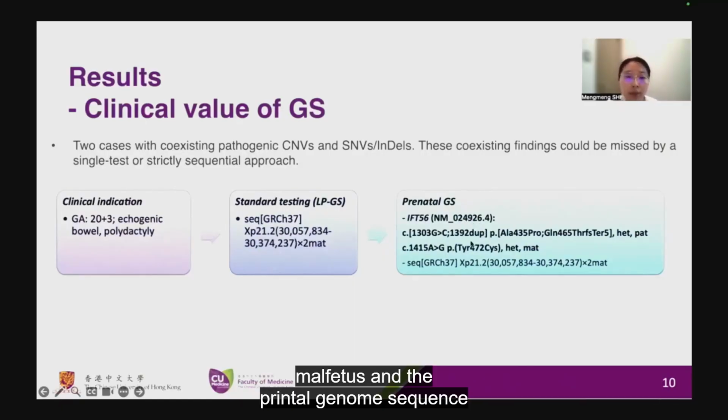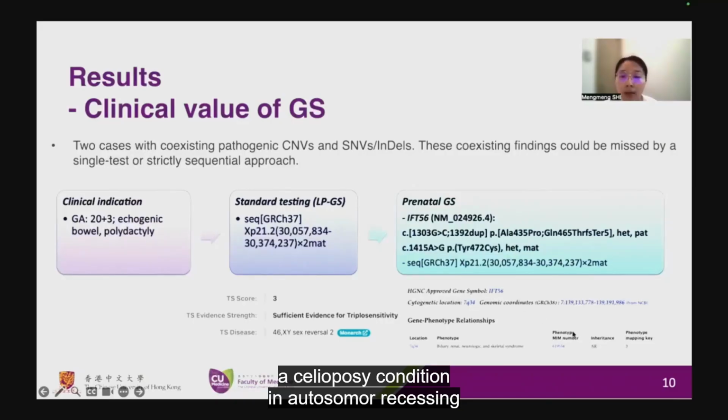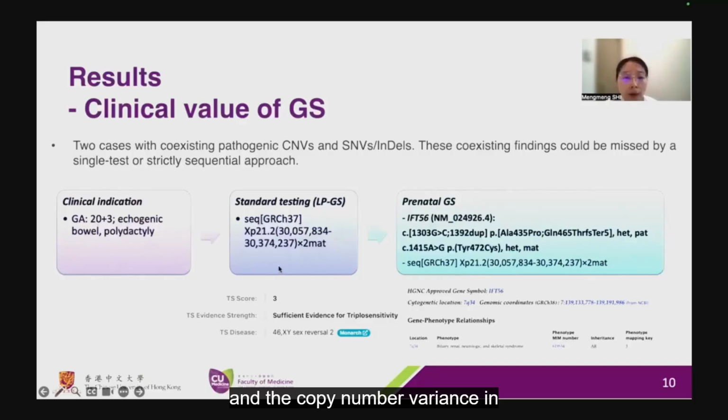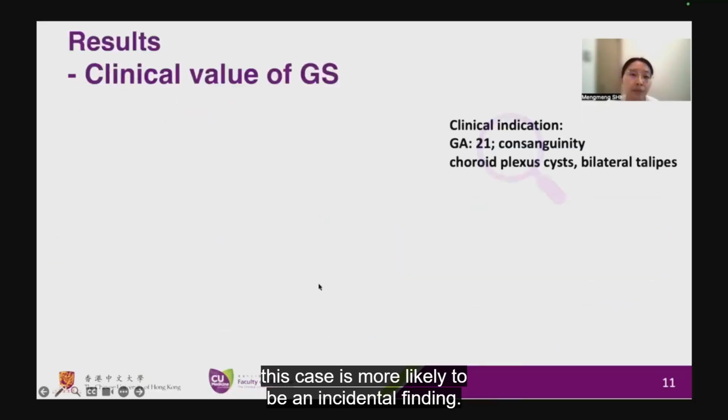And on the prenatal genome sequencing, apart from this pathogenic copy number variant, there were compound heterozygous variants identified in IFT56. This IFT56 gene is a ciliopathy condition in an autosomal recessive manner with biliary, renal, neurological, and skeletal problems, quite compatible with the current fetus phenotype. And the copy number variant in this case is more likely to be an incidental finding.